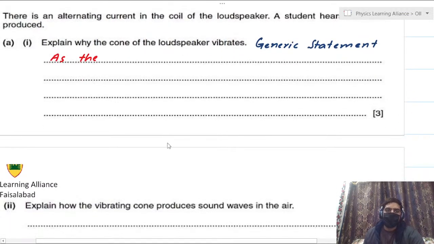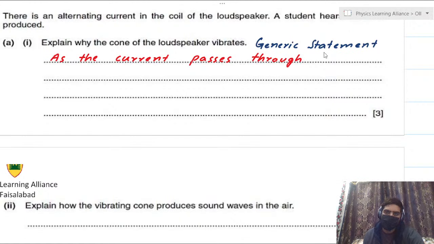So what we write is, as the current passes through the coil, force moves the coil forward or in one direction.